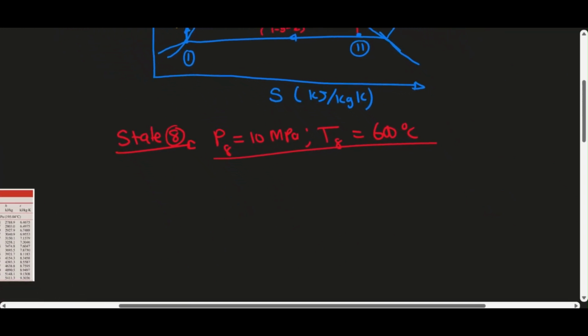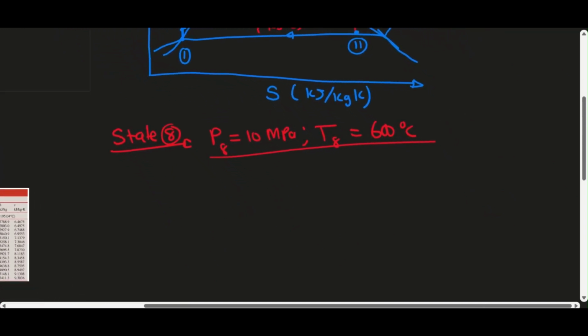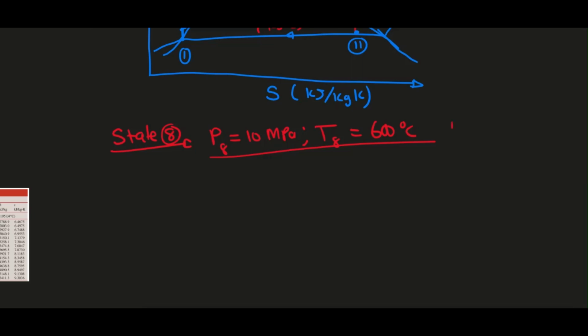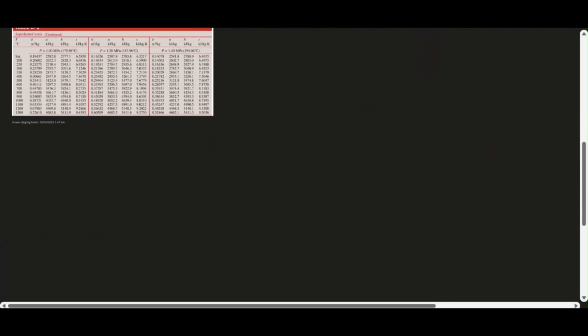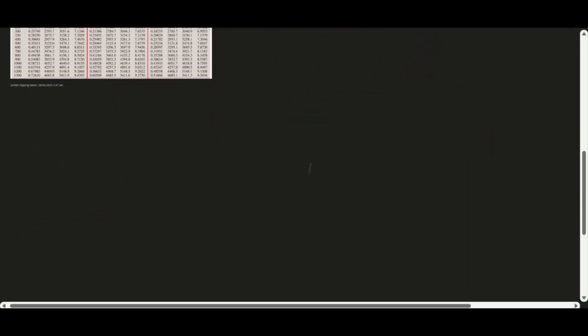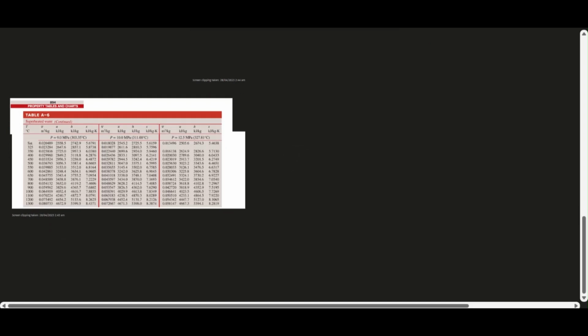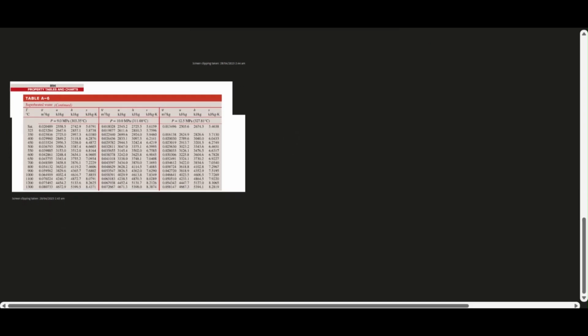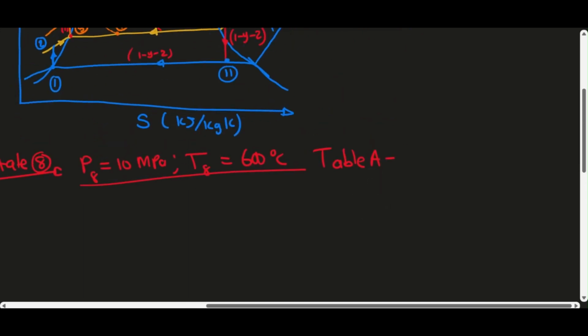Okay, cool. So let's go ahead to the steam table. I don't know the steam table by heart, so it should be table A6, yes. So table A6, we are looking at table A6.